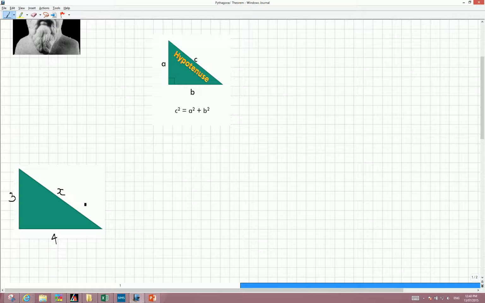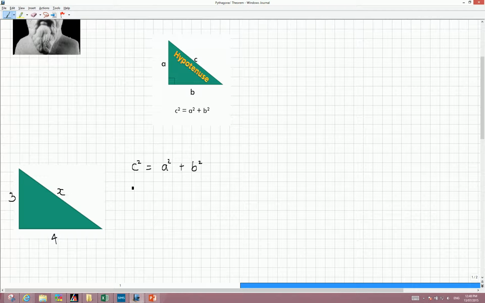We always start Pythagoras theorem questions the same way. Write out Pythagoras theorem, the formula. So C squared equals A squared plus B squared. It's the same every time, and if you write it out every time you'll get the hang of remembering it. Then we're going to compare what we've got over here. So this C in our diagram corresponds to the x in this question.